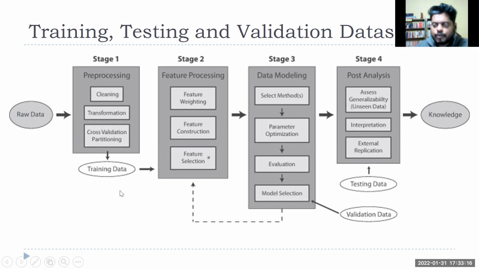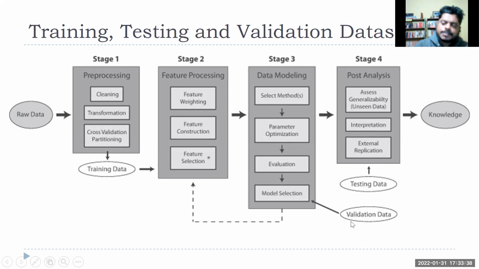Most of the time you will have only training data and testing data. Sometimes, whenever you are using complex methods or additional methods of hyperparameter tuning, you might have to use validation data. Validation data is mostly used for parameter optimization or hyperparameter tuning, which we'll again discuss, because we have now started discussing regression.